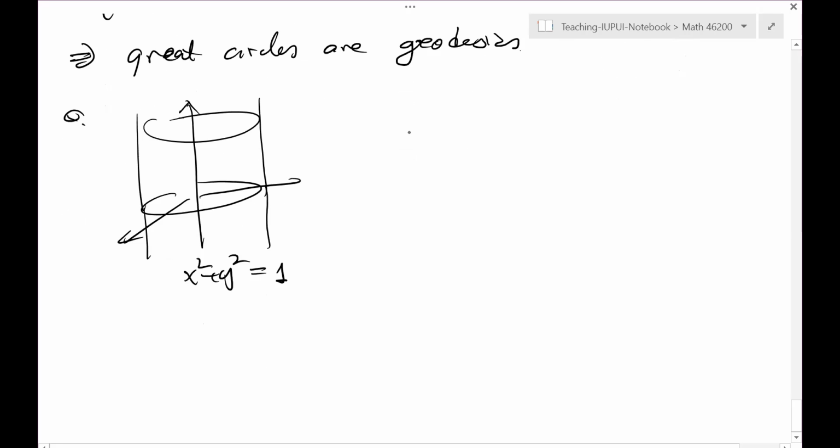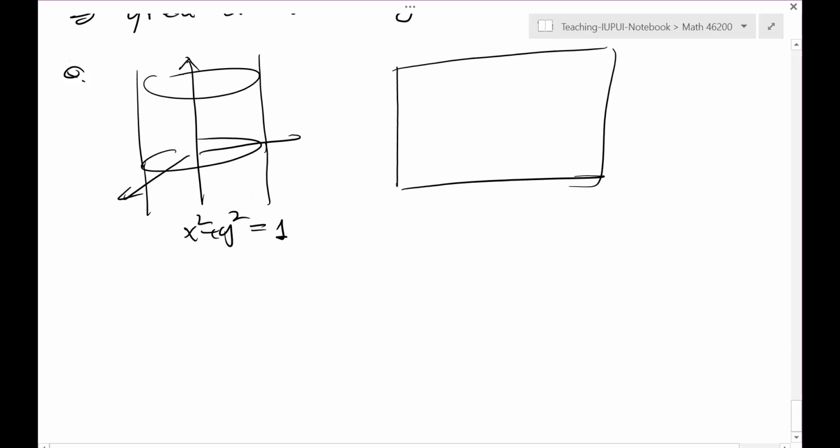The circular cylinder actually is symmetric to the plane locally. So for this surface, you can show that they have the same geometry.